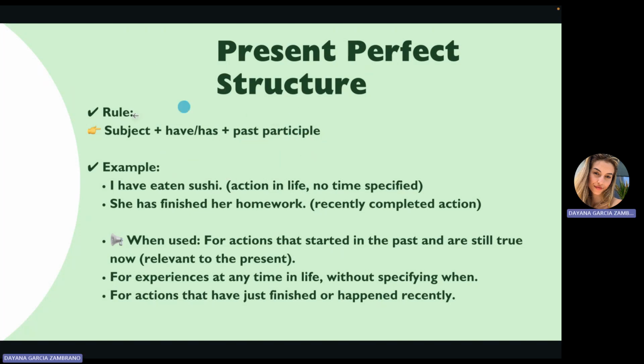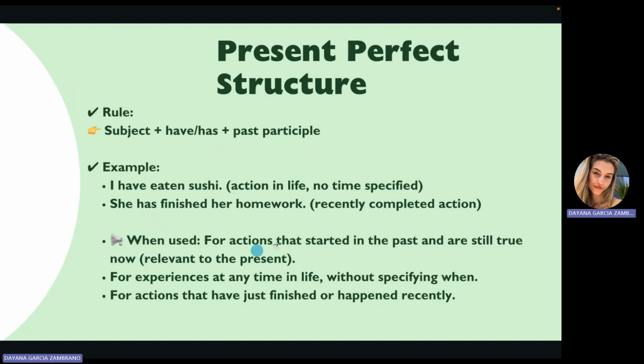So the only thing that changes is the auxiliary. In present perfect, we always use have, or has if we are talking about she, he, or it. Then we have an example: I have eaten sushi. She has finished her homework.